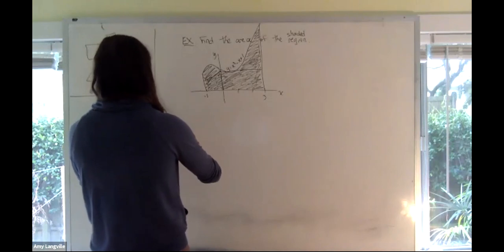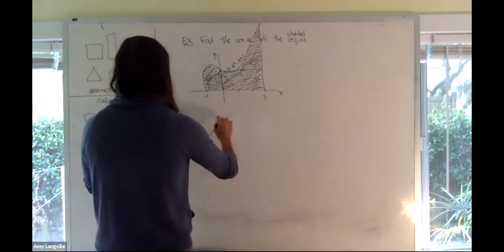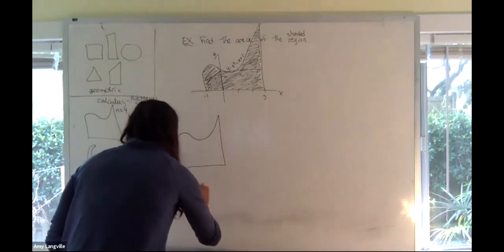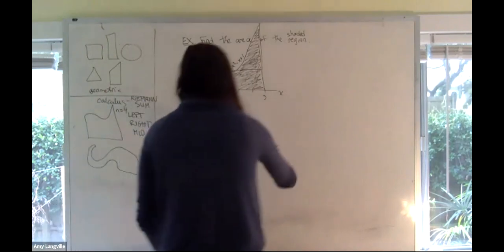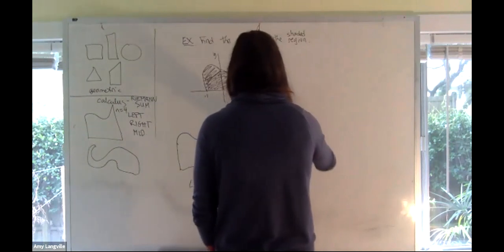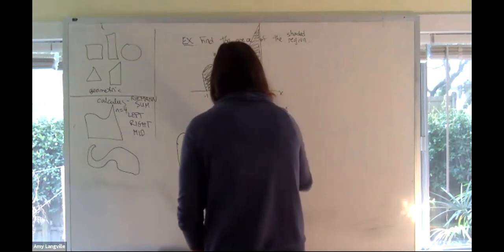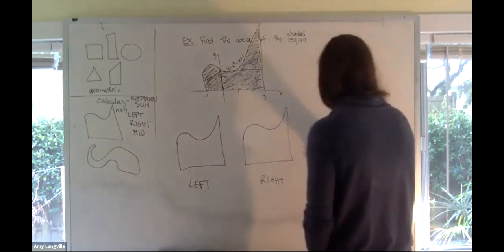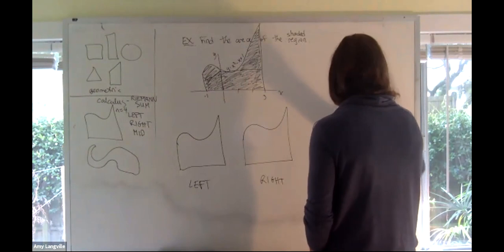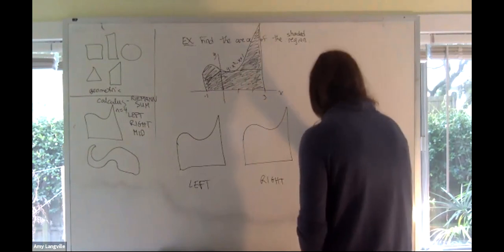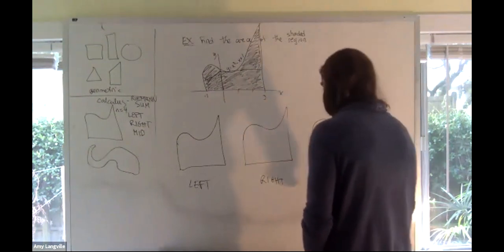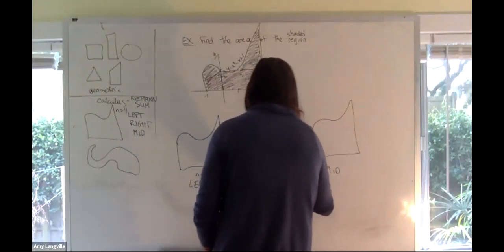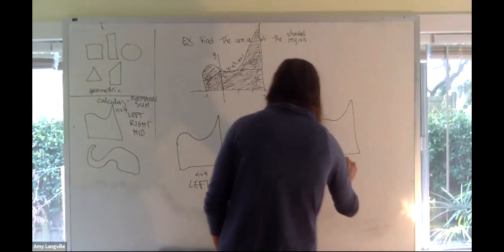So let me draw a copy here, 3 times. Left. Right. And mid. Each time I want to put 4 rectangles in there, but I'm going to follow a different rule each time.